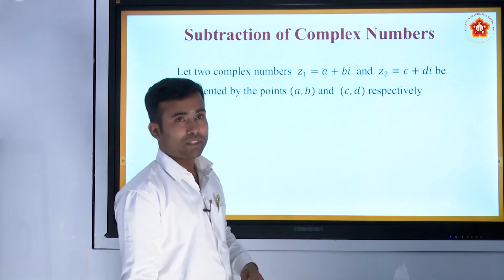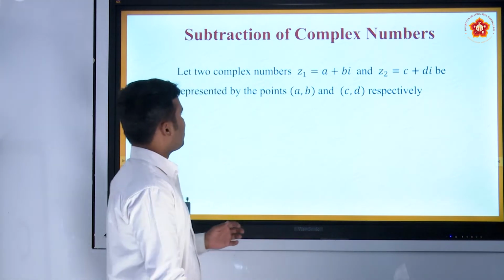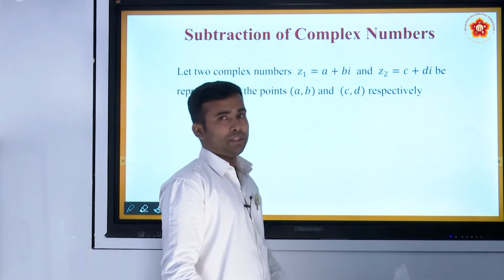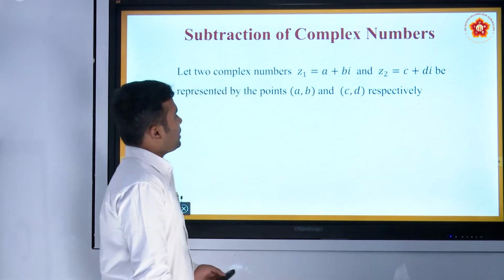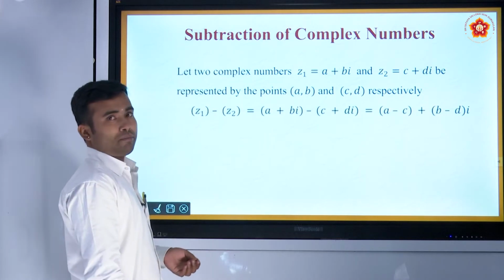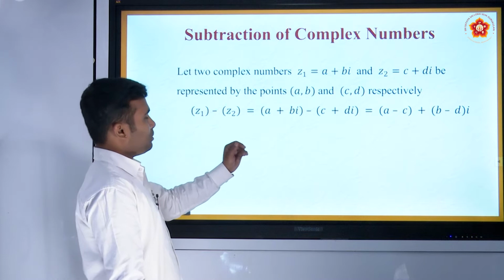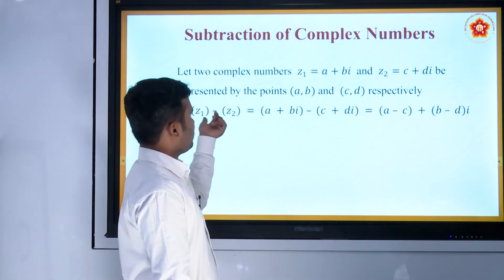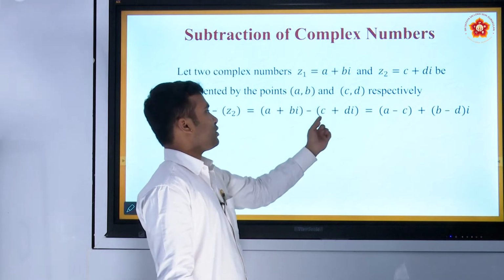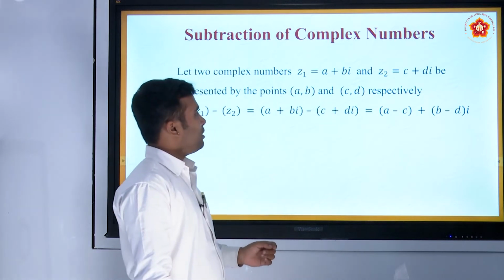Those are the two complex numbers, and they can be represented by the points (A, B) and (C, D) respectively. The subtraction of these can be represented as Z1 minus Z2. Z1 is A plus Bi, minus Z2, which is C plus Di.